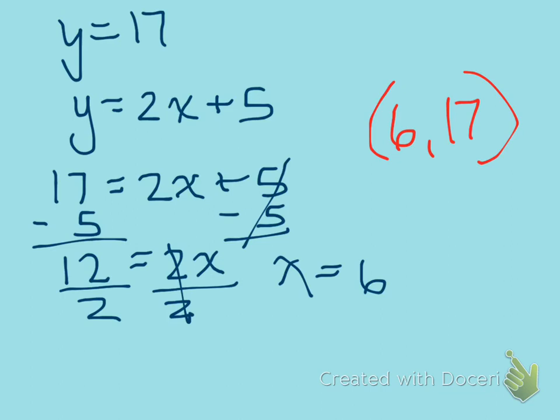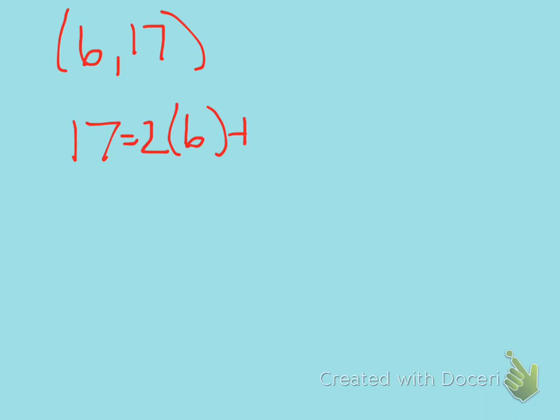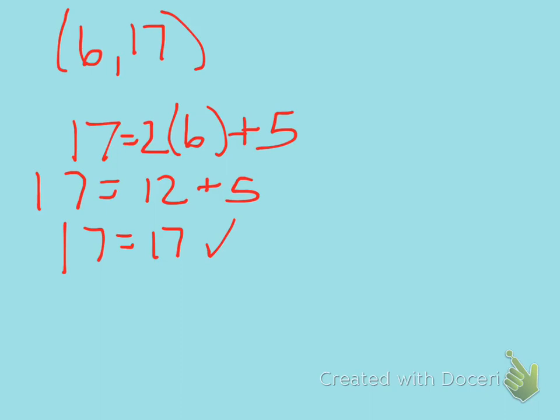And I'm going to go ahead and do that just to be sure. So I've got (6, 17). 17 equals 2 times 6 plus 5. And 17 equals 17, so that is correct.